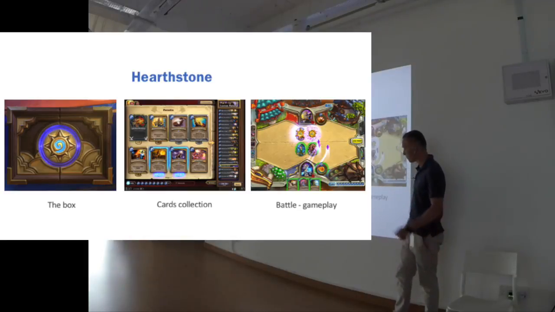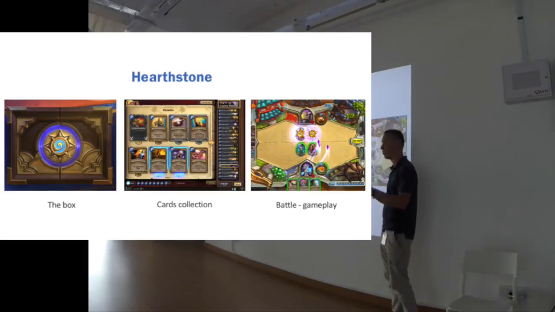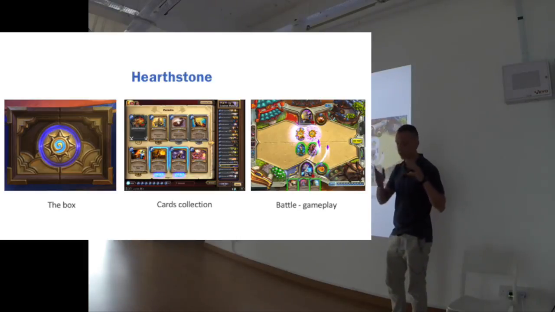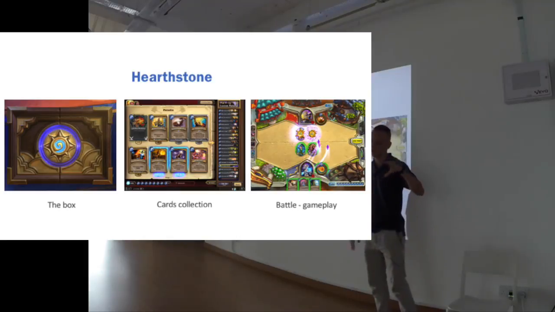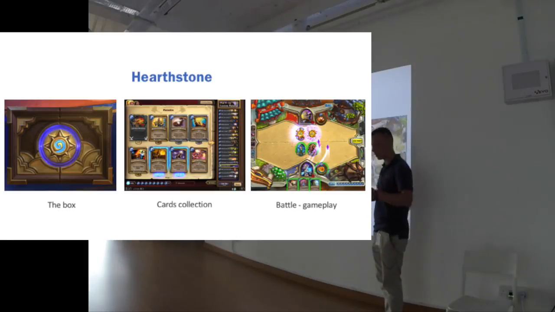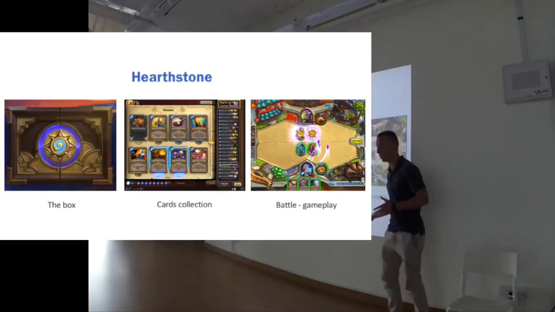This game is a pretty good example of how you can use the metaphor of the box, or anything else you want, to create a fluid experience from the start of the game to the end of the match. And it still feels real, because you can interact with these cards, with part of the UI, and even with the environment, which is pretty awesome.